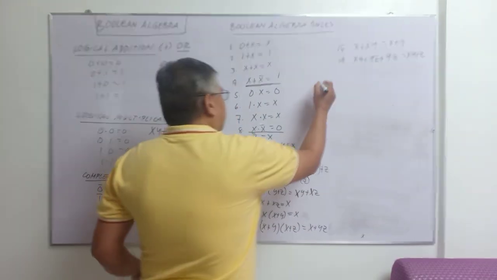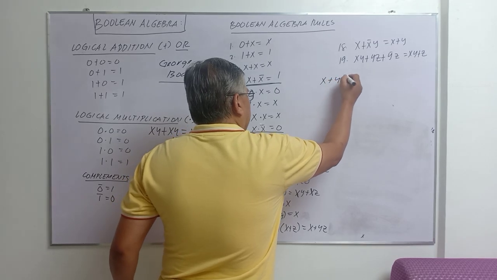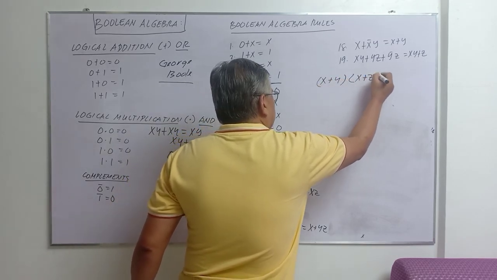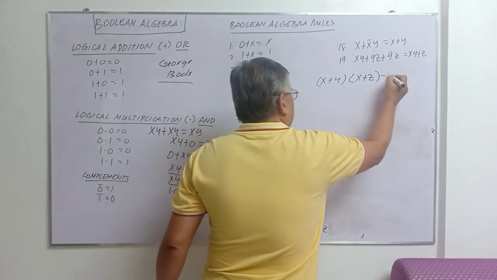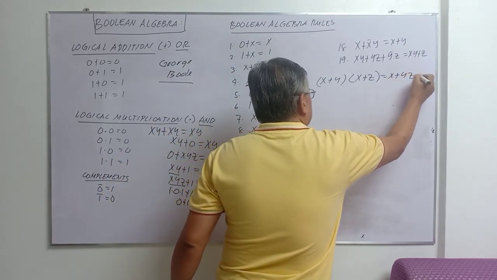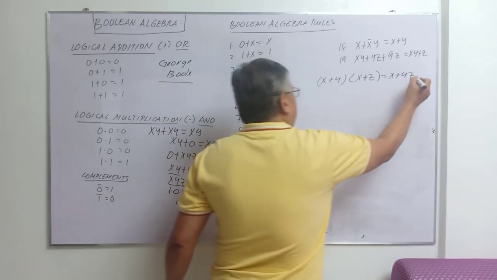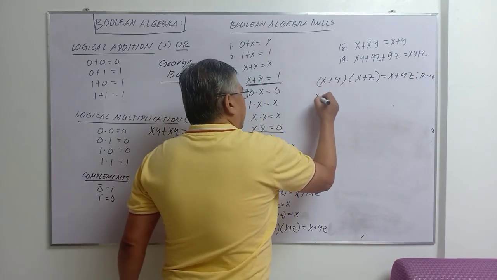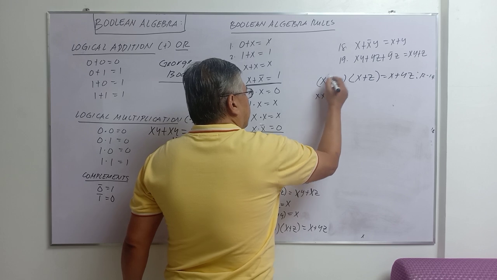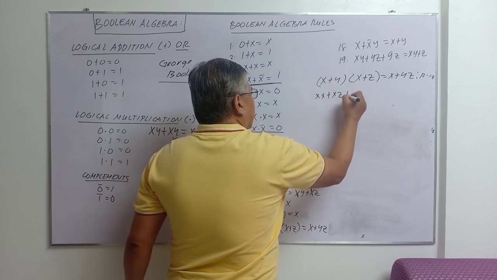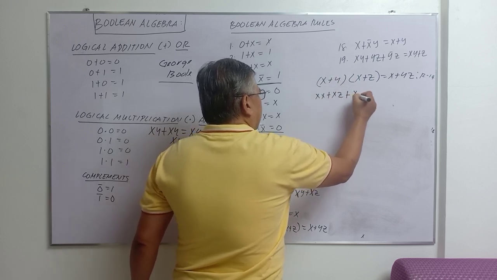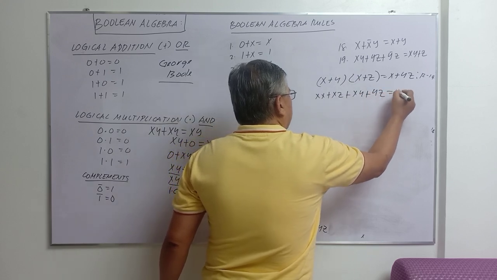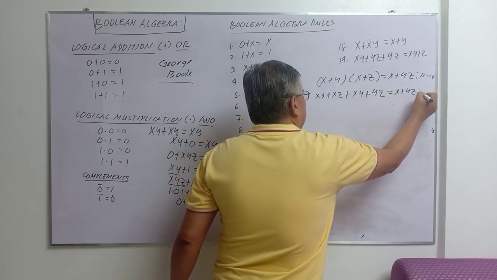So, you have (x + y)(x + z) = x + yz, no? So rule 14, we distribute. So you have xx + xz + xy + yz = x + yz.